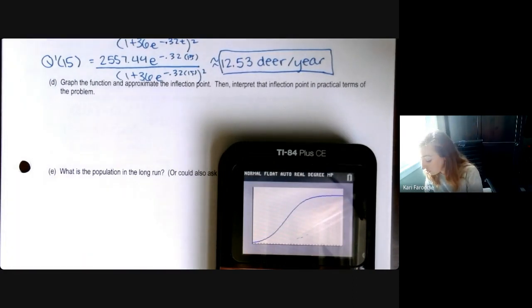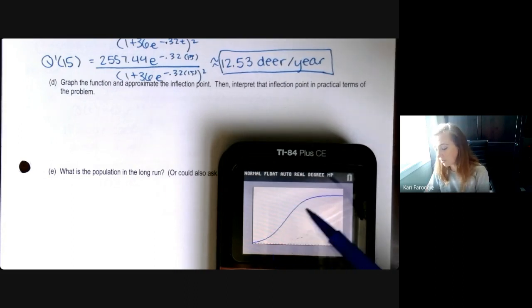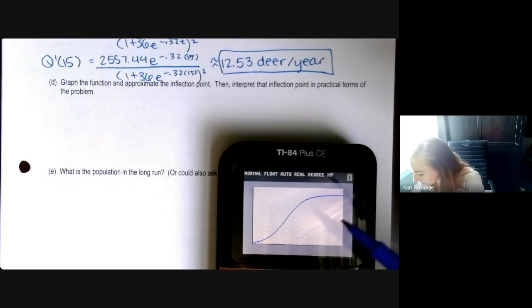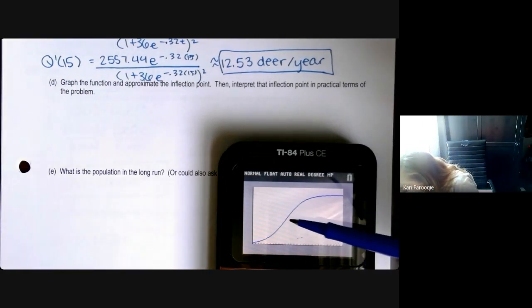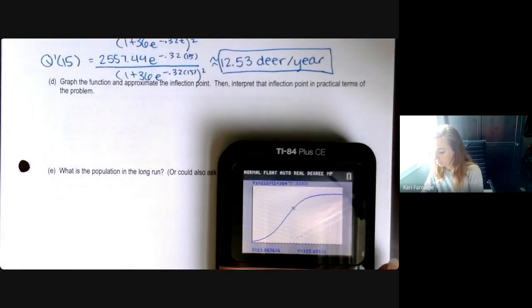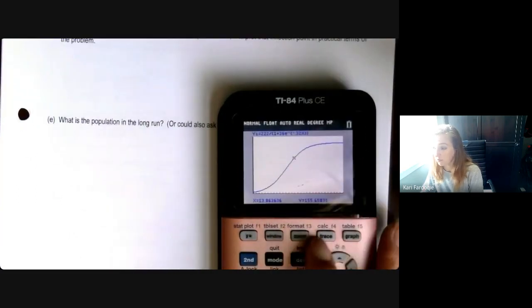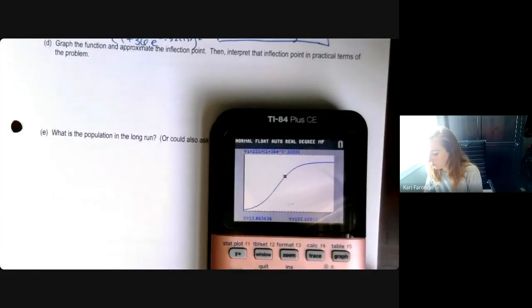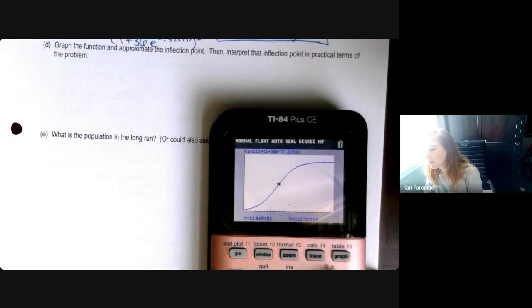So the inflection point is when the concavity changes from concave up, cup, to concave down, frown. I know we're so technical in this class. If you had to approximate it, we'd probably say it happens right about here when you change from a cup to a frown. You can trace. I like never use this feature. I just hit the trace button and then bring this down to about where you think the inflection point is.